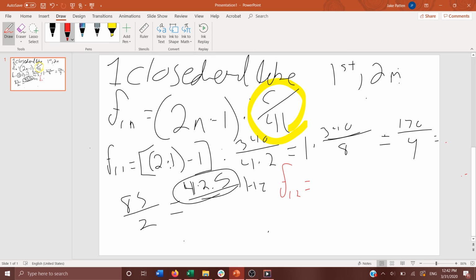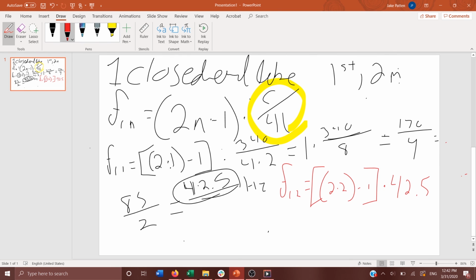FR2 equals, some brackets again, (2 times 2 minus 1) multiplied by, and here we know that it's 42.5 because of last time. So now we can start reducing.